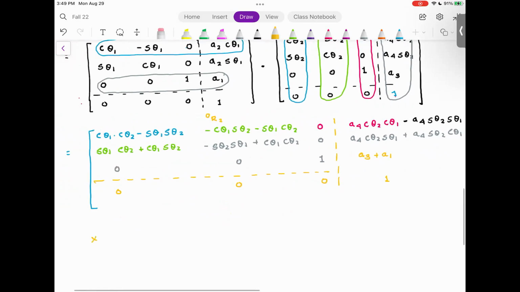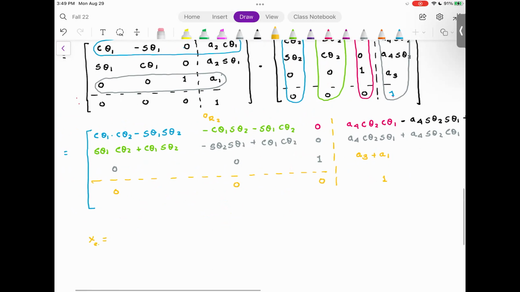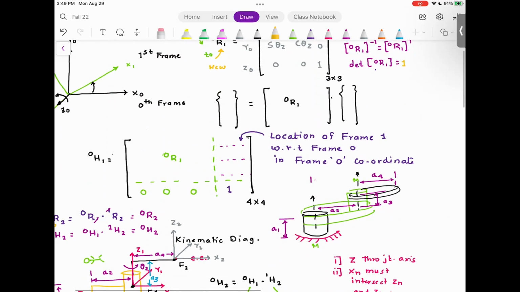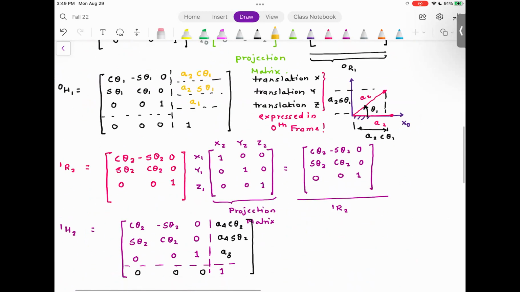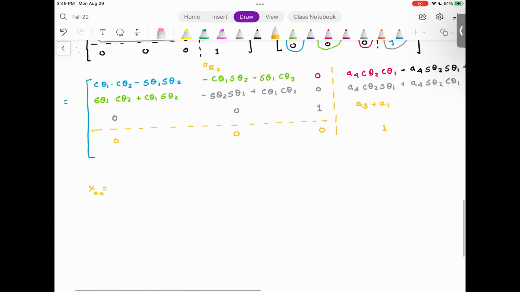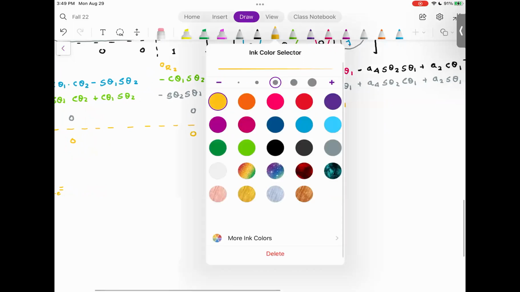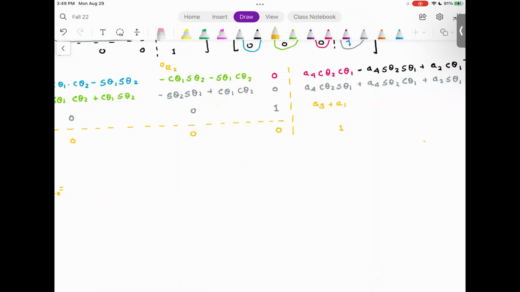I'm going to call X end effector, if I say this is my end effector, the X position of the end effector in the 0th frame is given as, I want you to observe this, A4 cosine theta 2 cosine theta 1 minus A4 sine theta 2 sine theta 1.